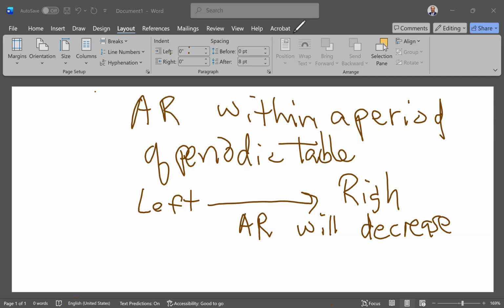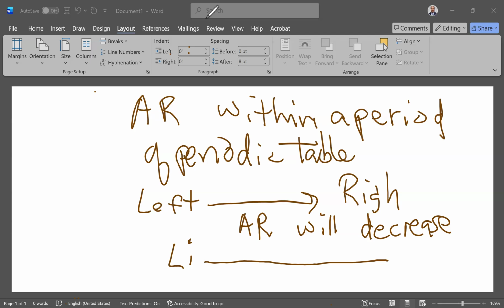So if you look at period 2, lithium, and go all the way to the end of the period, to the noble gas, neon, I think, yes, neon, you will see that the atomic radius will decrease.